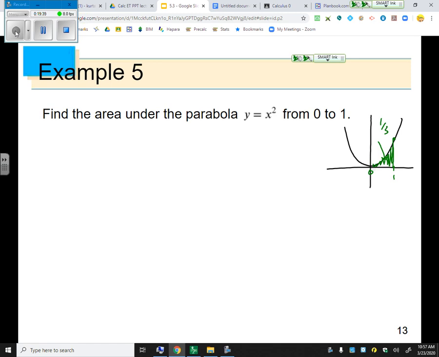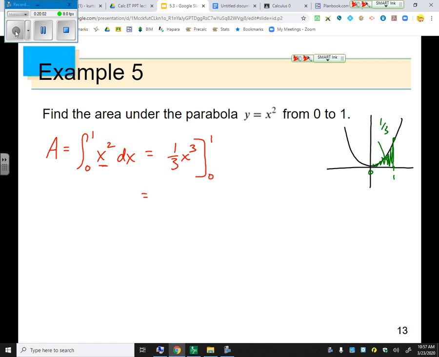I'm saying now we have an easier way of doing this. To find that area, I can just do the integral from 0 to 1 of the function dx. All I have to do is take the antiderivative of x squared, 1/3 x cubed, and then evaluate that from 0 to 1.